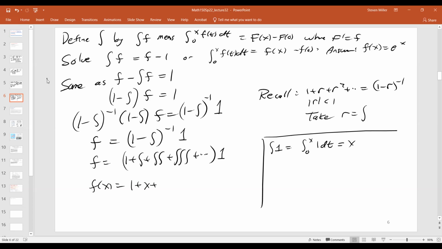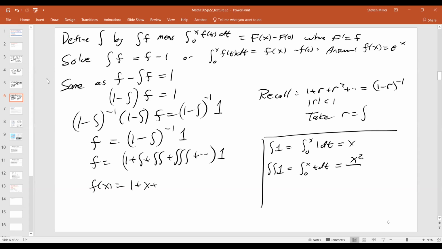Now the next term is the integral of 1 twice. Well, the first integral of 1 gives me the function x. So I now just integrate from 0 to x the function t dt. What is the integral of t dt? It is t squared over 2, and evaluated at x, it's x squared over 2. But I don't want to write it as x squared over 2.